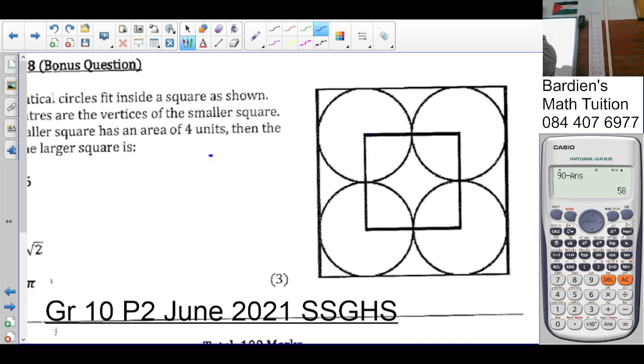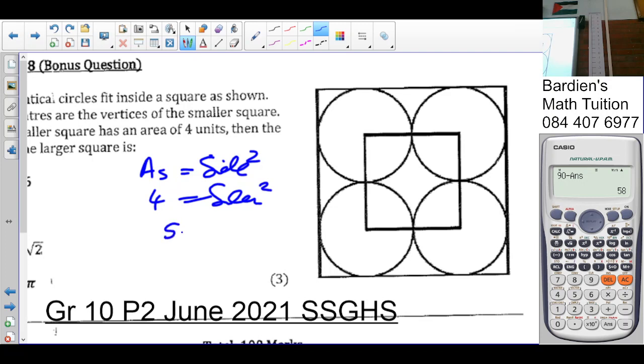So if the area of this square is 4, how do you calculate the area of a square? It's side squared. So 4 is equal to side squared, so your side is going to be 2. The square root of 4 is 2. Now if the circles are all the same, then they all have the same radii, which makes this length from there to there equal 1.